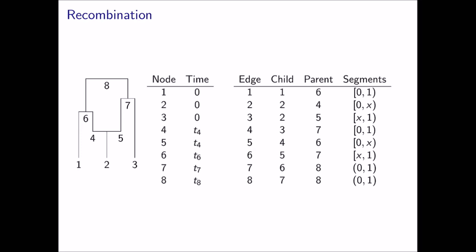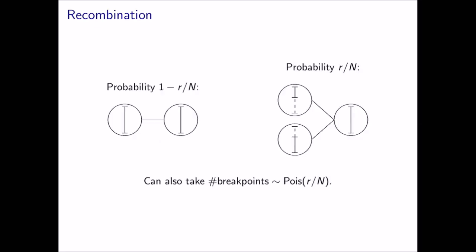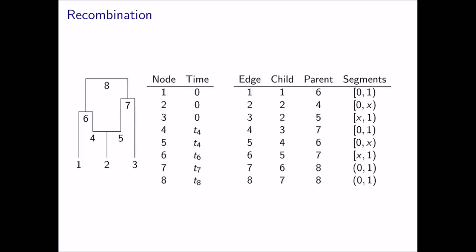So edge 4 goes to parent 6 over here. And again, the material that I've transmitted is only 0 to x, because that's all the ancestral material I care about. As in the previous slide, of course, these parents still contain a full copy of the haplotype, but this dashed material is non-ancestral. I don't care about where it goes, so I don't model recombinations in that material anymore.